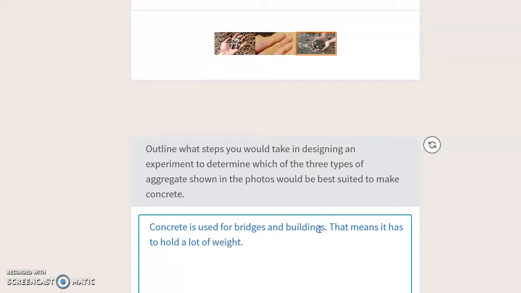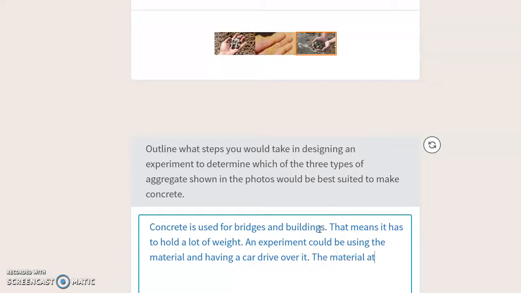weight. An experiment could be using the material and having a car drive over it.